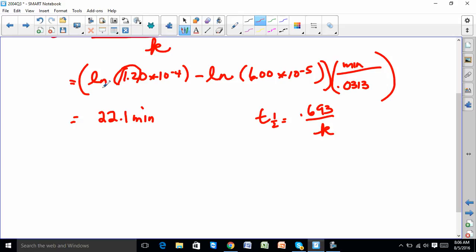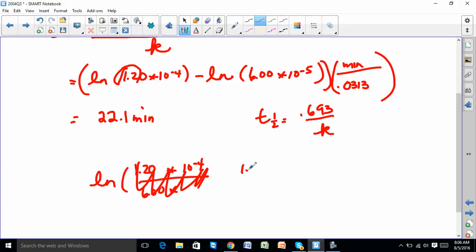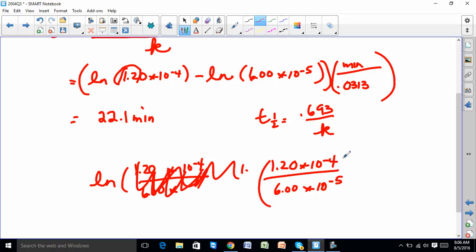The fact that this half-life means that when you use the property of logarithms, if you do 1.20 times 10 to the negative 4 divided by 6.00 times 10 to the negative 5, because of moving this stuff around, and take the ln of this, it's 0.693.